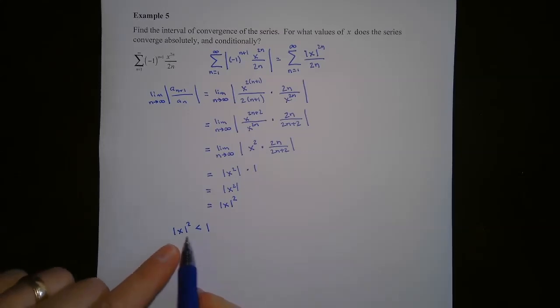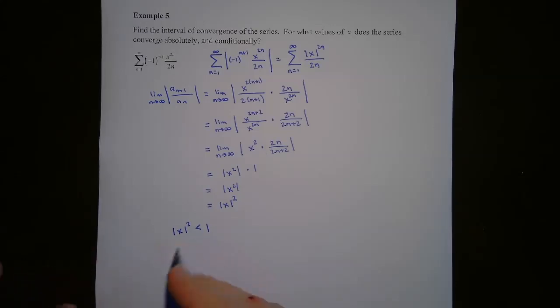This is only going to happen when the absolute value of x is less than 1. Okay, and then that would be the case where we have -1 is less than x, which is less than 1. Okay, so we know that when x is between -1 and 1, this is going to converge absolutely.